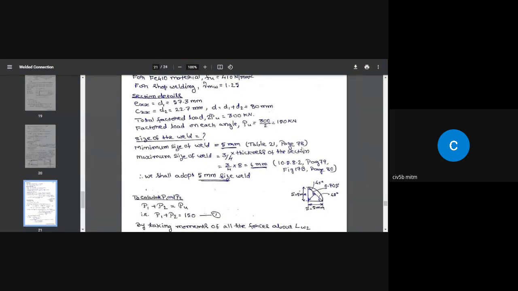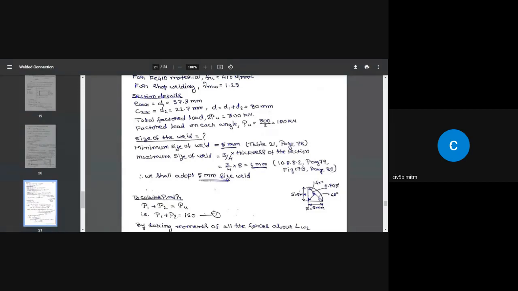And the next thing is we need to fix the size of the weld. For that, what is the minimum size of the weld and what is the maximum size of the weld? What is the minimum size of the weld, S minimum? That is page number 78, table 21. Again, we are going back to that page.